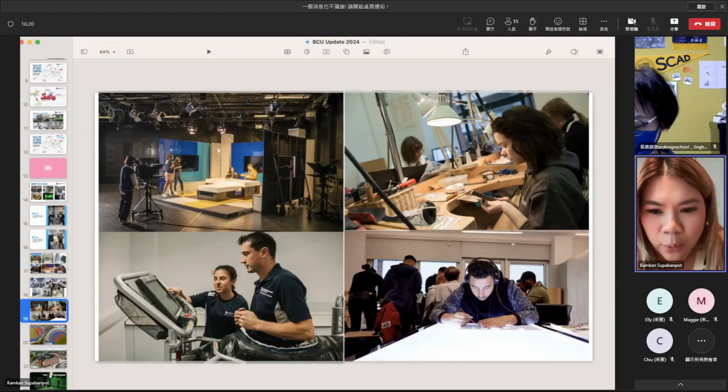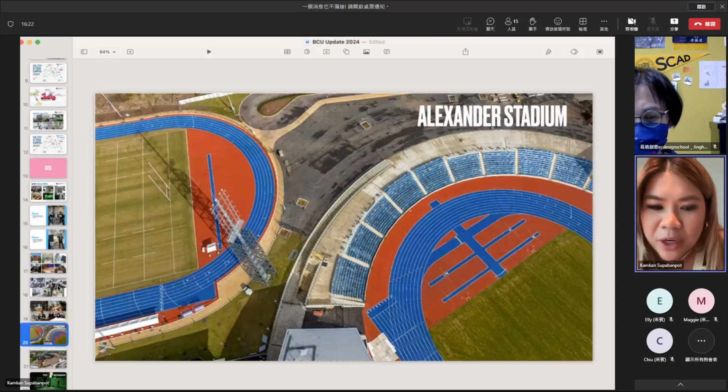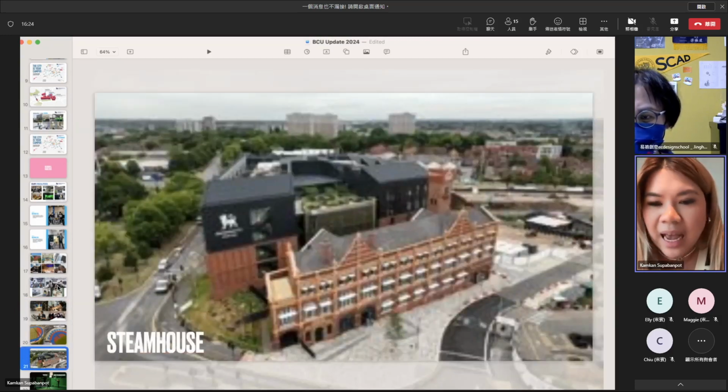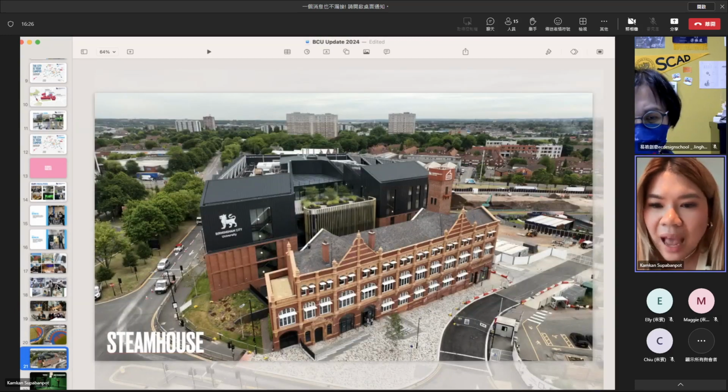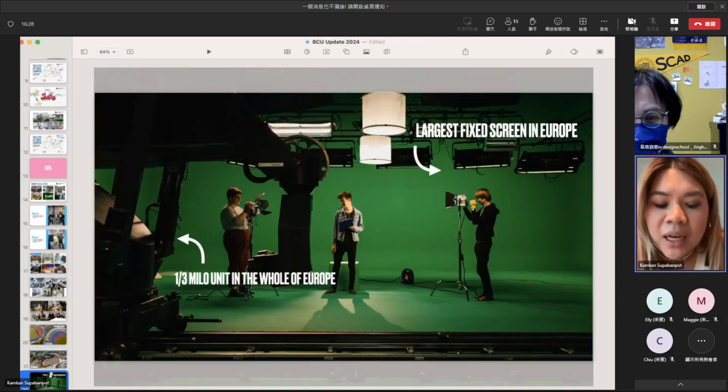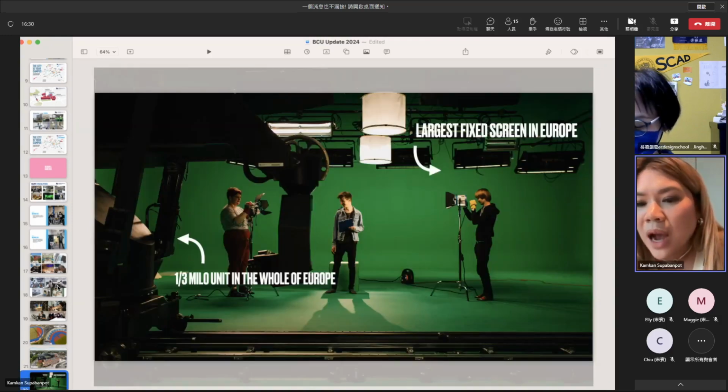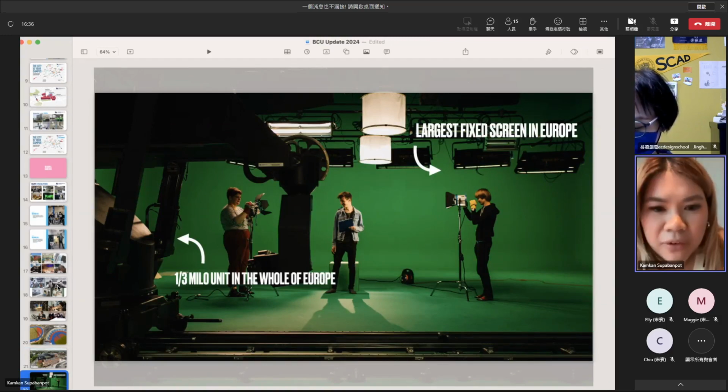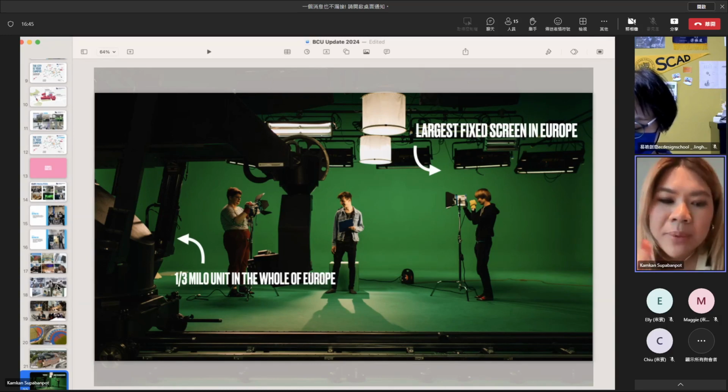All of which I wanted just to show you as well, just pictures of our facilities, our buildings that we have in Birmingham City University, including our green screen, which is actually one of the largest fixed screens in Europe. We also have some cameras here, the Miro. We only have 3 of these Miro units in the whole of Europe, and one of them is at the university.